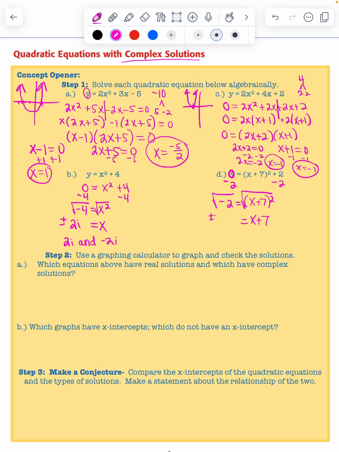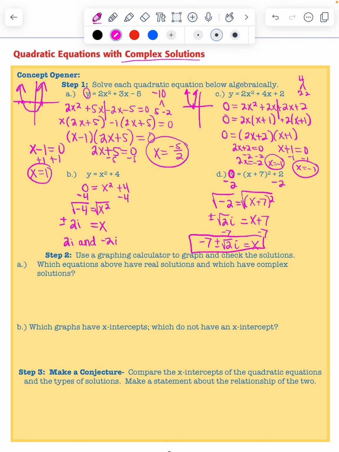So it's going to be plus or minus the square root of 2i. And then what we would do to solve this is subtract 7. So we would get -7 plus or minus the square root of 2i as our two answers for where it would cross the x-axis, even though it actually doesn't.